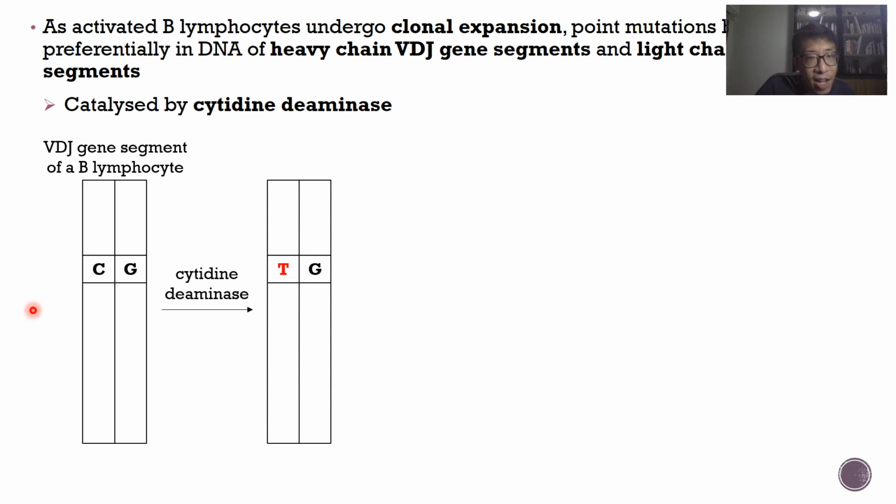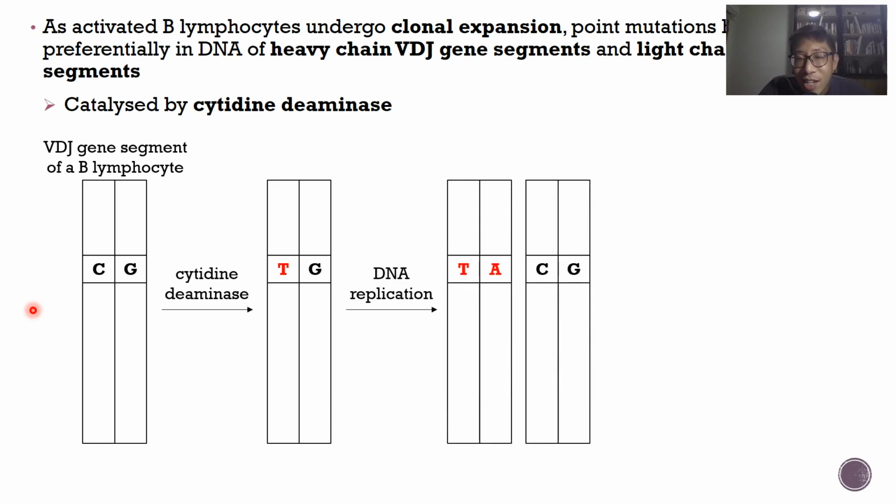Once it removes an amine group from C, it resembles a U, which the DNA polymerase would recognize as a T because it's at the DNA level. In DNA, there's no U, right? So the C becomes more like a U, which is read as a T. So I'm just going to put a T here. So this mutation is introduced, catalyzed by the enzyme cytidine deaminase.